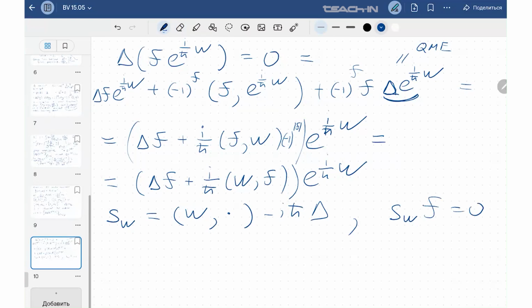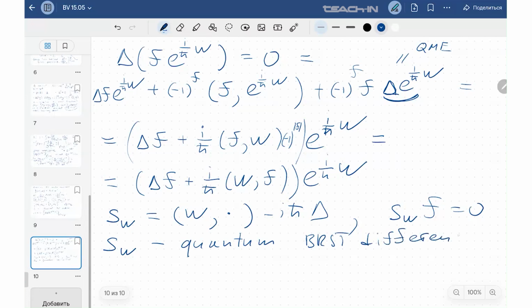gauge independent. And this differential SW is called the quantum BRST differential. And it's a simple exercise to make sure that SW squares to 0, so it's indeed a differential.